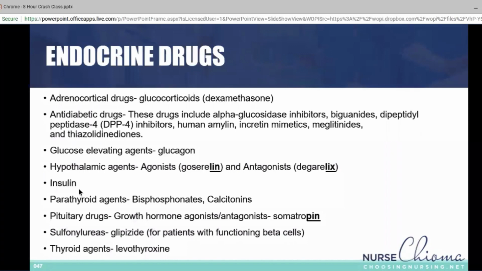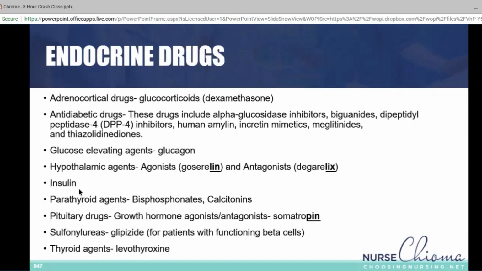So this is going to be for patients who do have functioning beta cells. This is why it's important that you understand the difference between type 1 and type 2, because with type 1 we're seeing a destruction in the beta cells, but with type 2 we're seeing more of a resistance to insulin.